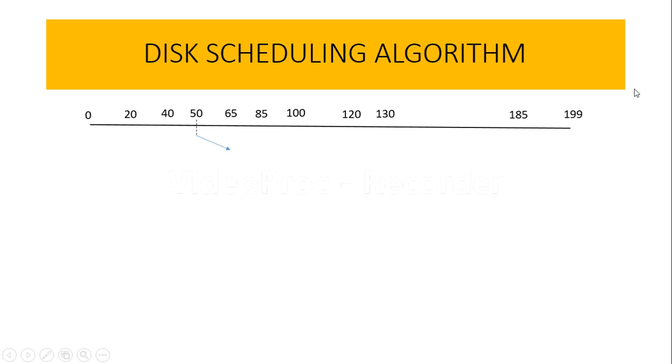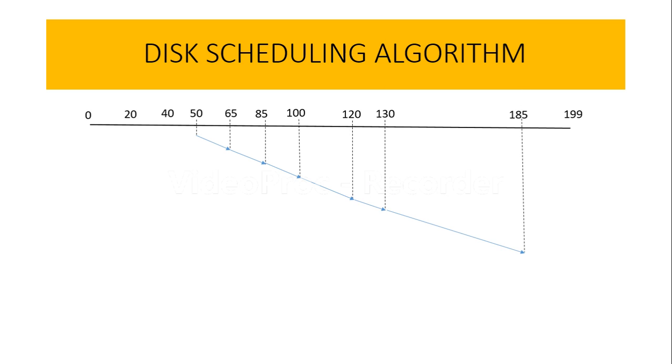So it will start from track number 50 and first process track number 65, followed by 85, then track number 100, followed by track number 120, track number 130, track number 185.